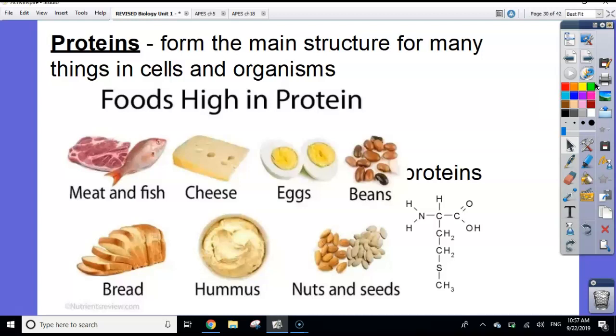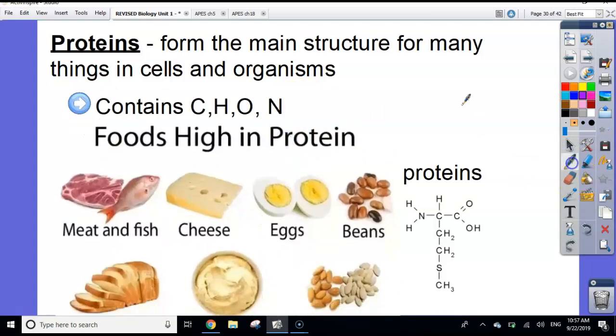That's why a lot of bodybuilders will eat a lot of meat and eggs because they want to build a lot more muscle. So they'll eat a lot of foods that are high in proteins. But they're also really important because think about all the things that we know are in a cell, like a cell wall, a nucleus, the ribosomes, chloroplasts, all those things are made out of proteins.